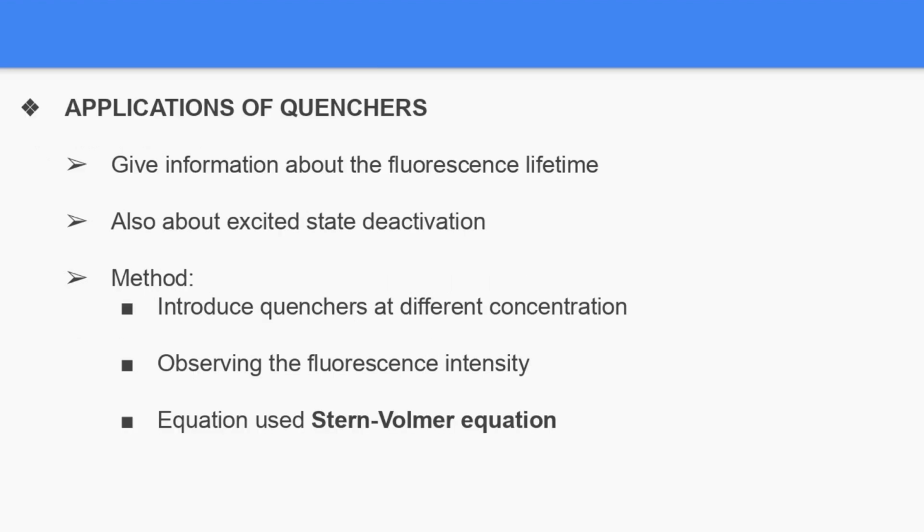Now we have to discuss the applications of the quencher. We can apply different concentrations of quencher to the system. At different concentrations, the absorption power of the quencher is different. That is, they absorb the emitted light at different intensities. So, at different concentrations, we can observe the difference in the fluorescent intensity.